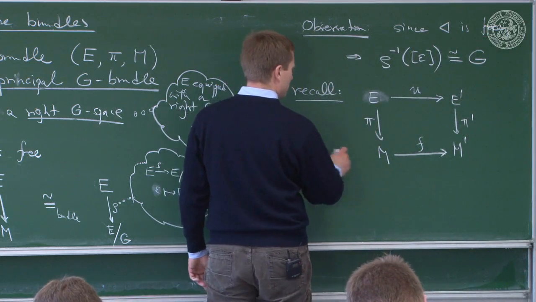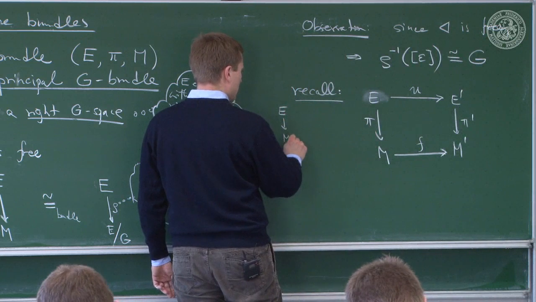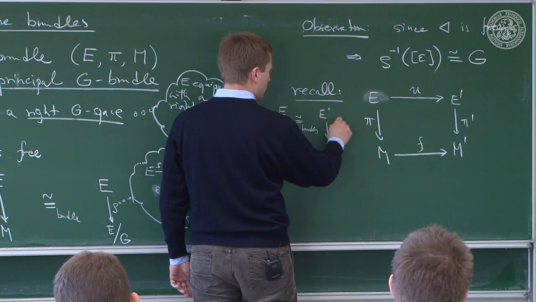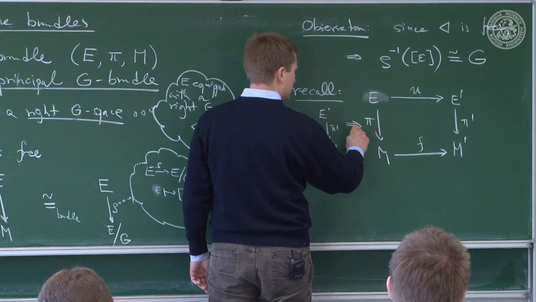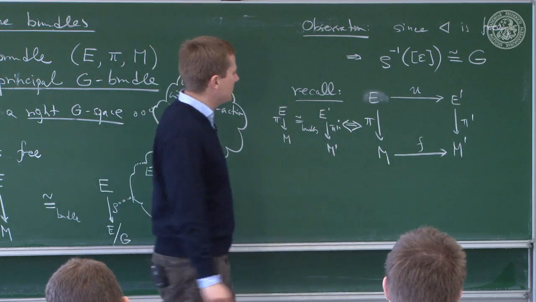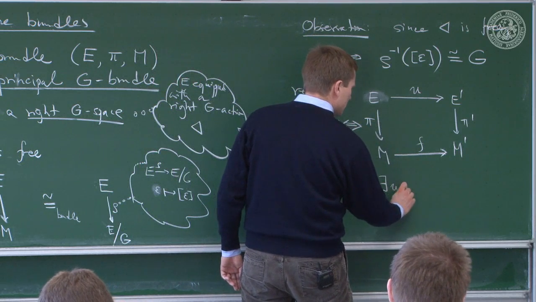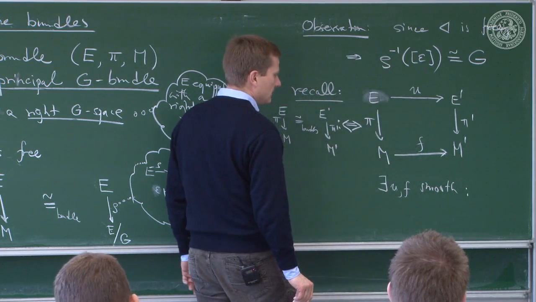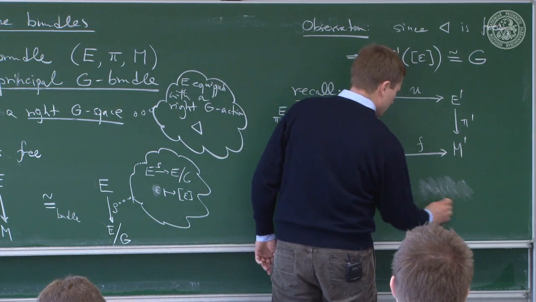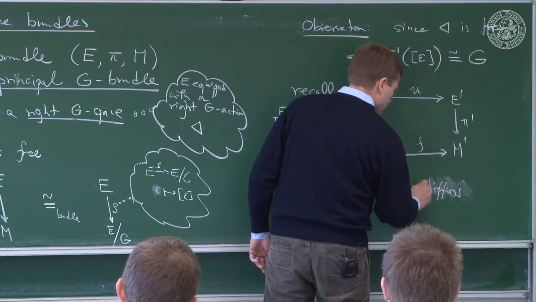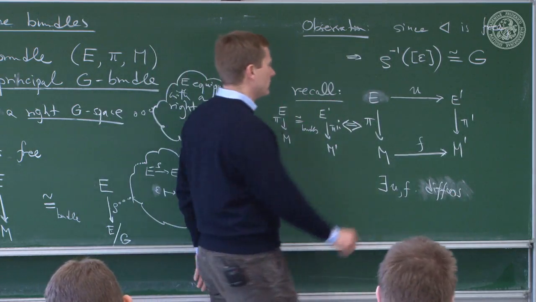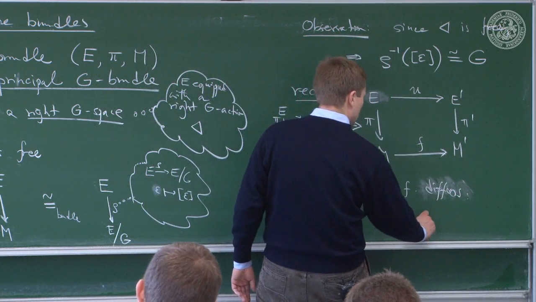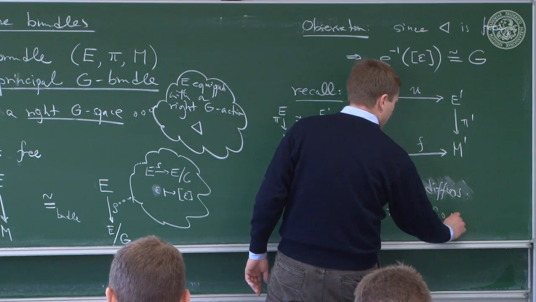So I should write E, pi, M isomorphic as bundles to E prime, with pi prime, to M prime, by definition if and only if there exist smooth maps U and F, such that, well, actually diffeos, smooth and invertible, you can go in both directions, such that pi prime after U is the same as F after pi.